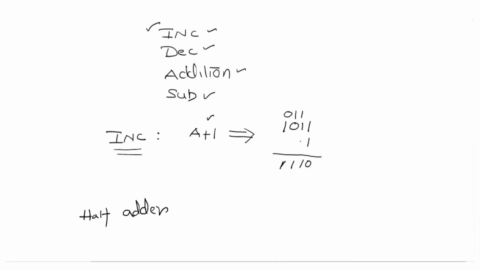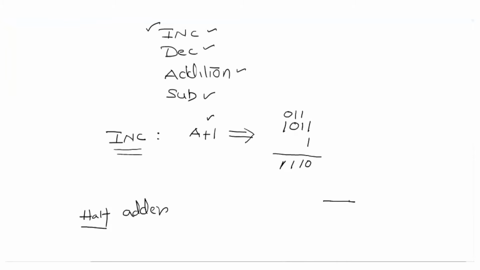Here, I do require to add 2 digits at every stage. So I will take a half adder. What is a half adder? A half adder is going to add 2 digits. This is 1 digit and this is another digit. So the half adder is going to add 2 digits. So what I'll do is I will use 4 half adders to perform this 4-digit addition.